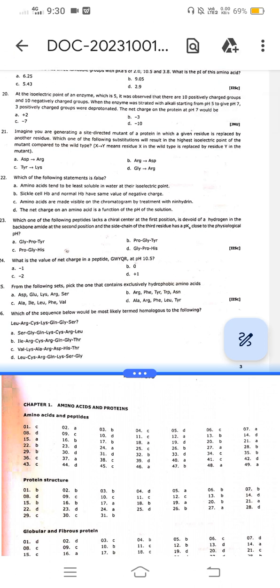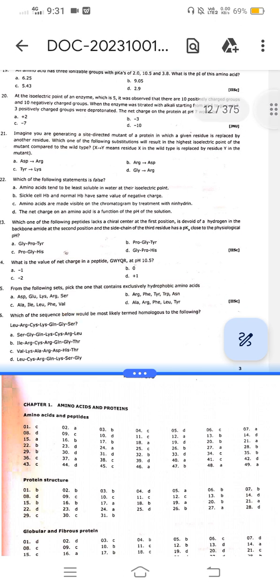Okay. Then what is the value of net charge in peptide GWYQR at pH 10.5? -1. From the following sets, pick the one that contains exclusively hydrophobic amino acids.